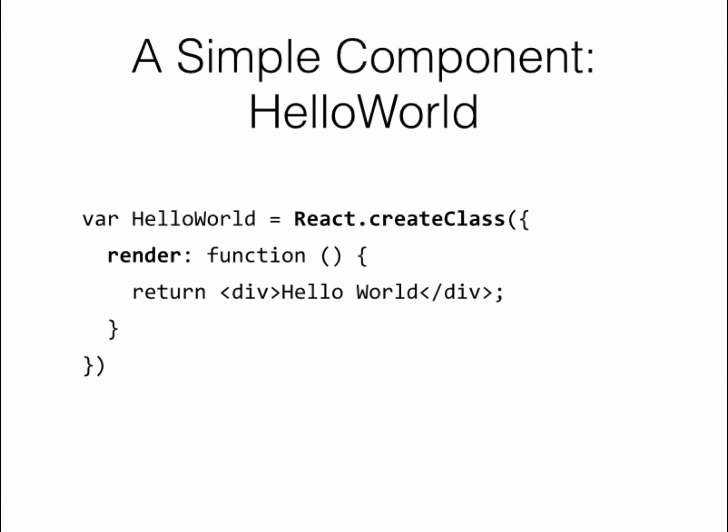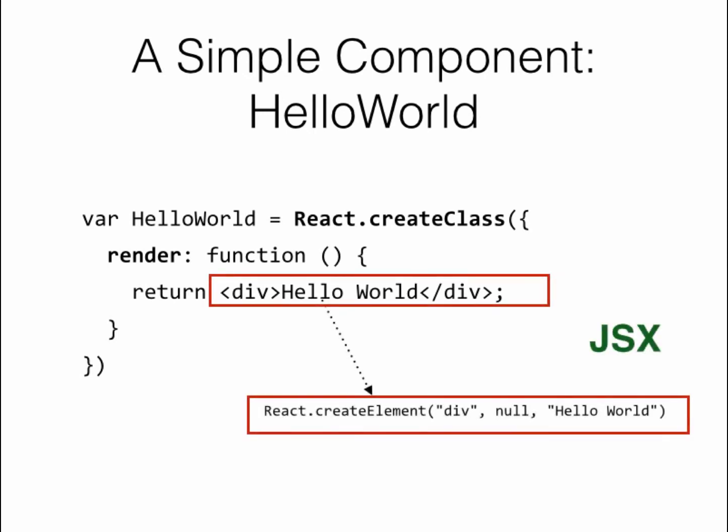So it's very straightforward. Now this is JavaScript. This is not a new programming language, but you'll see that these div tags are actually not part of JavaScript. So you might be wondering where they come from. So this is actually called JSX. This is a JavaScript extension that Facebook built. This is a very simple extension.